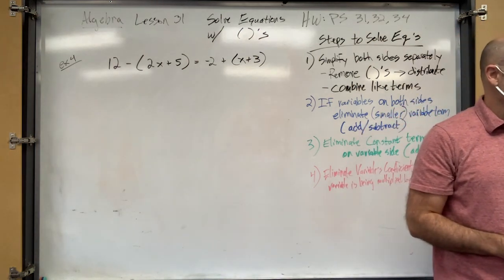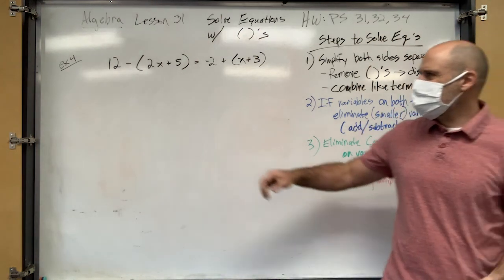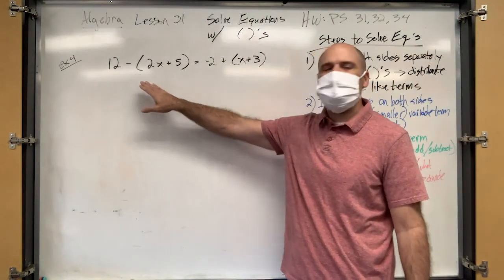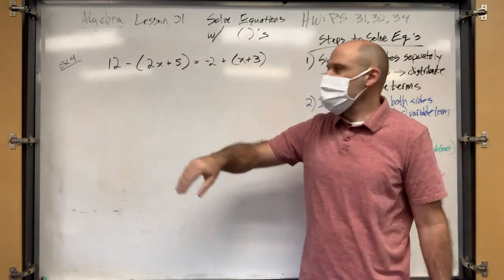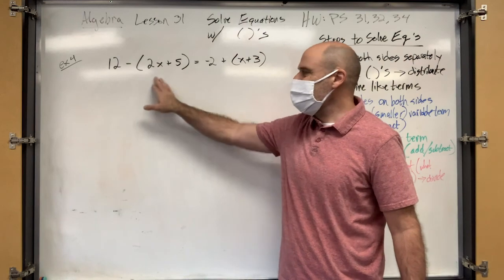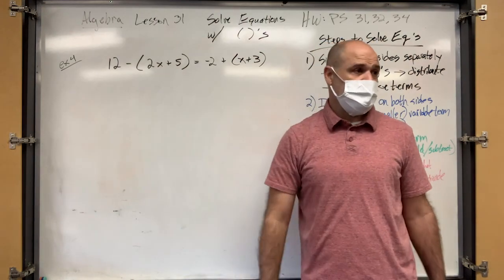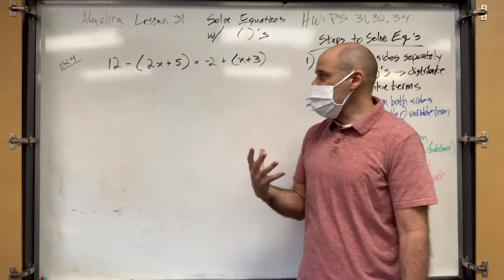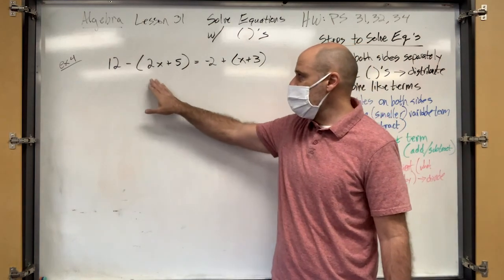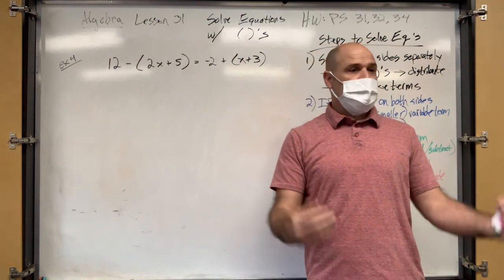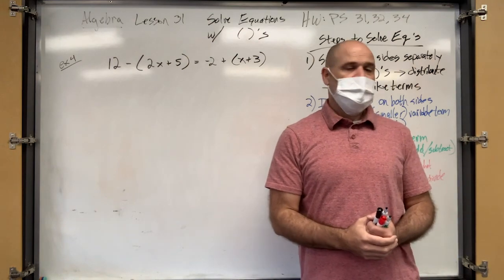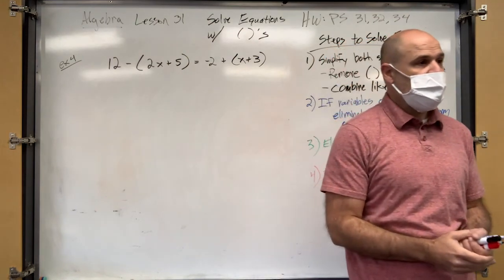You have to subtract and add. Yeah, so you're subtracting this, but you're subtracting a parenthesis. So that means you have to subtract everything inside of this parenthesis. So what most people do in their head is they think 12 minus 2x plus 5. Okay? And that's where most people mess this up.